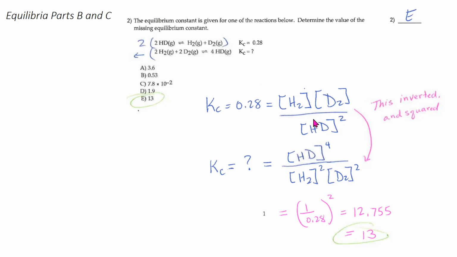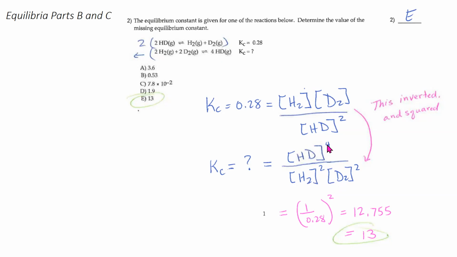So if I reverse the direction, then I have to invert, because now this is my products and this is my reactant. So they switch places. So when I do that, I invert the 0.28. So 1 over the 0.28. And then because we squared it, because we multiplied everything by 2, we doubled the coefficients out in front.